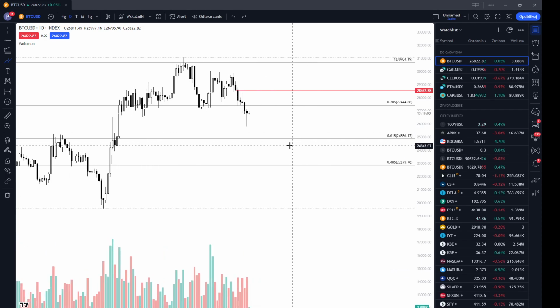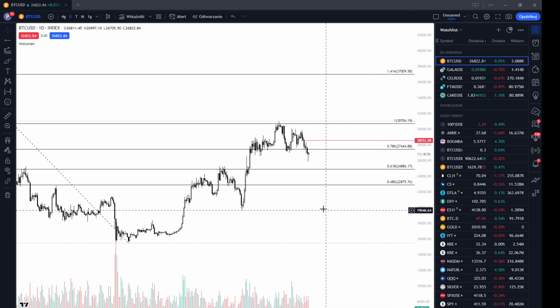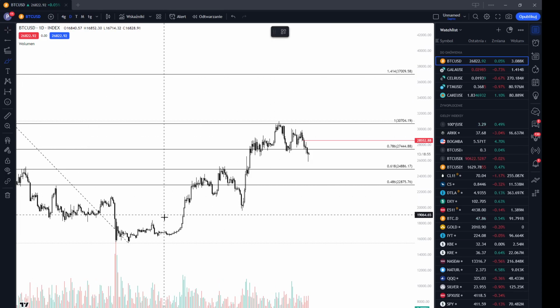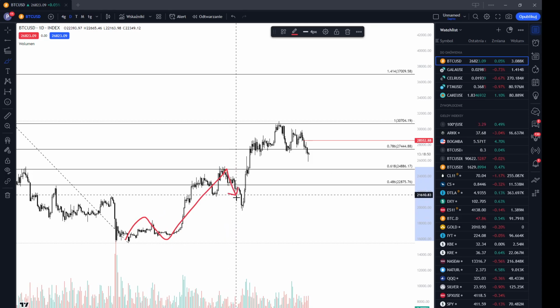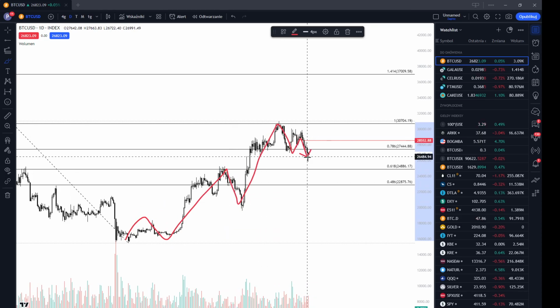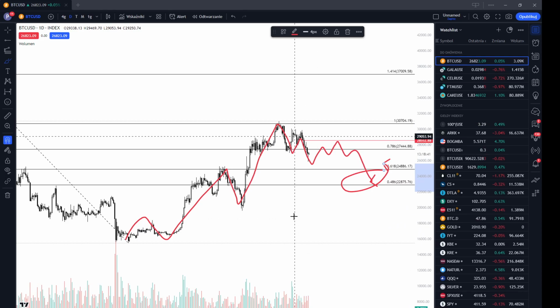My expectation is there are several possible Elliott wave scenarios. Either this is 1, 2, 3, then we get a 4, then this was our 5, and now we are entering a corrective pattern, maybe something like this, so that we get to these levels for buys.